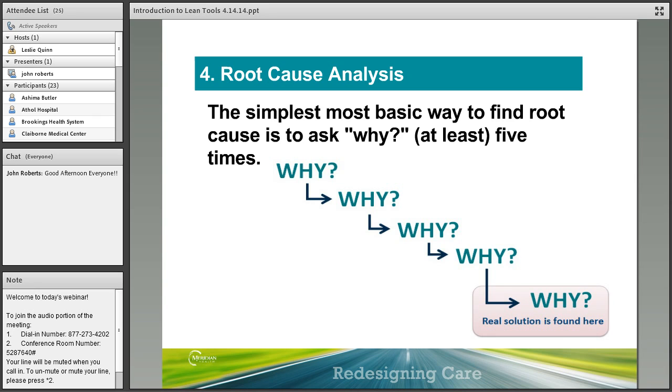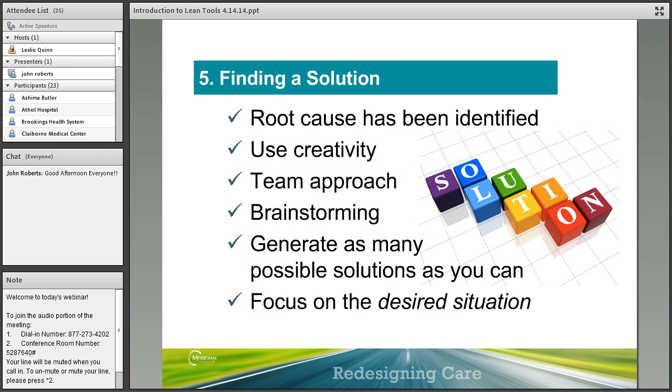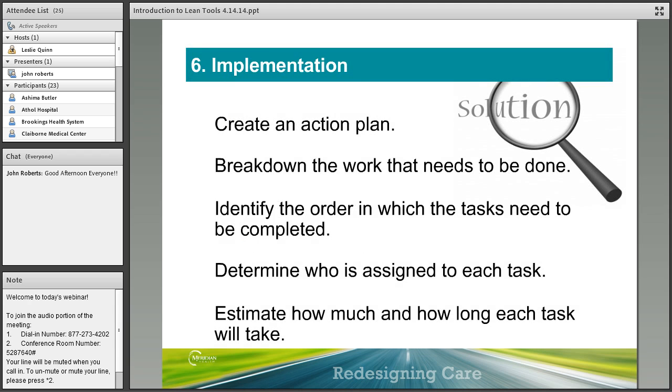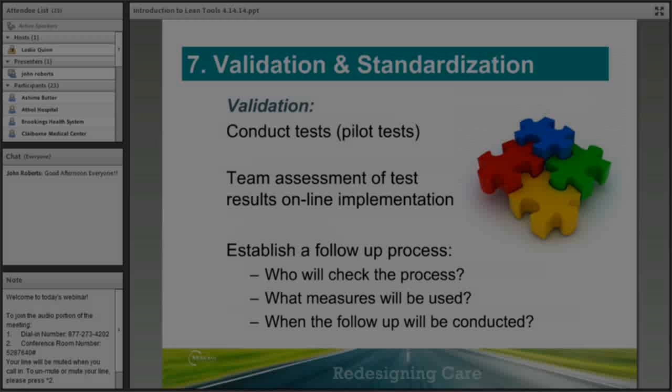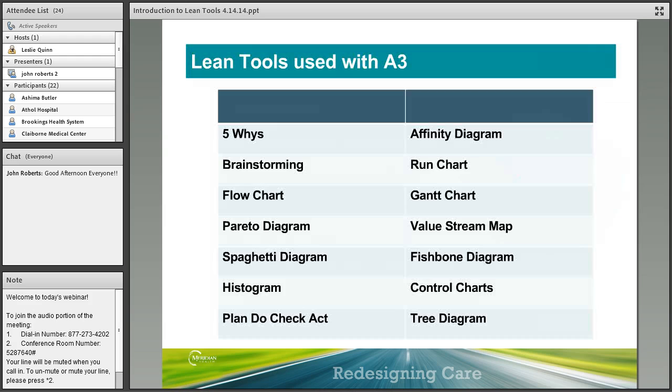Kind of the keystones in the A3 process is developing the problem statement. Again, we want to directly observe, do the Gemba walk to see actually how the problem or the process is working. We want to make sure we know what target we're aiming for by using SMART goals, creating an action plan, and then validation and standardization of the process, making sure that what we're putting into place as a solution is actually solving the problem.